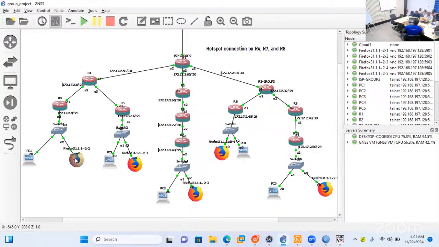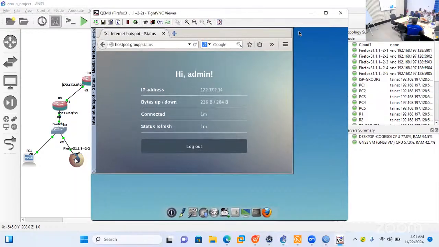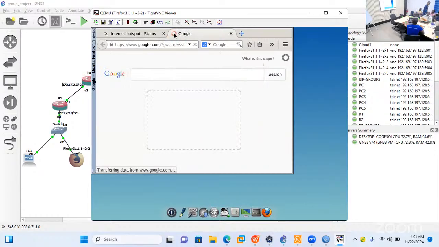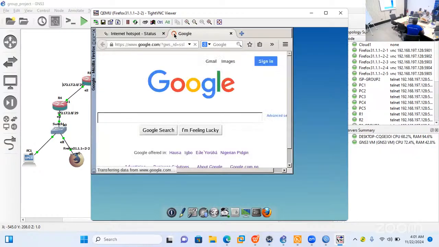Let me check your browser again. Yes, the 14.com. Okay, this network can reach the internet, but this other network over here is not reachable.